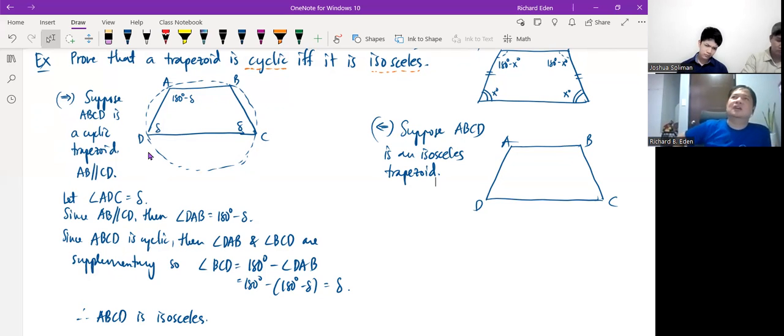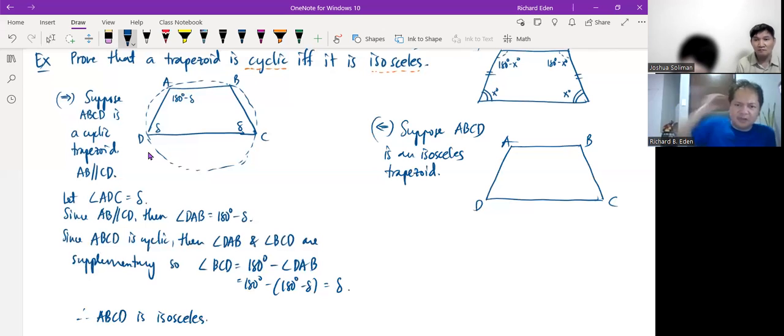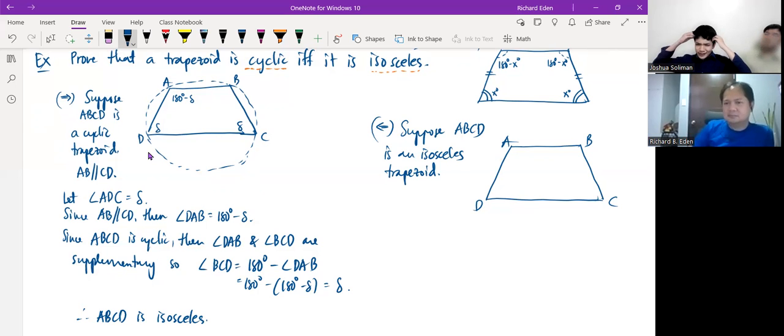So we have to think: when is a quadrilateral cyclic? What conditions must be satisfied for us to conclude that it's cyclic? The opposite angles are supplementary.